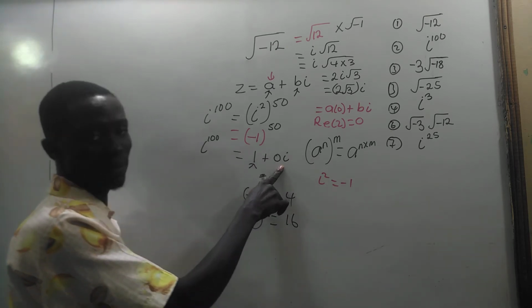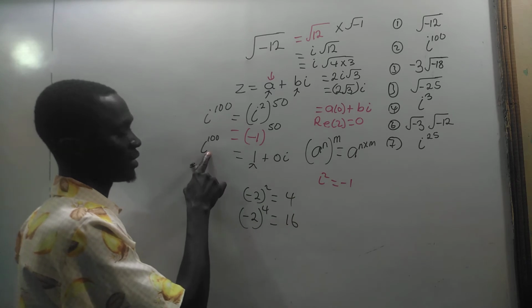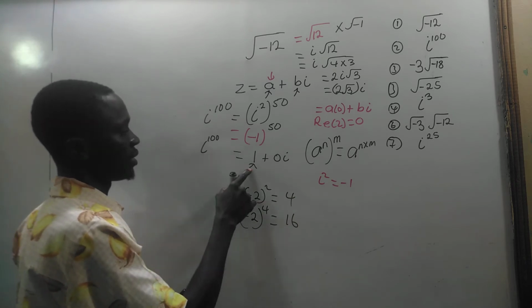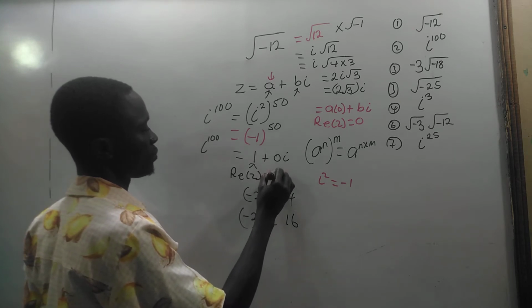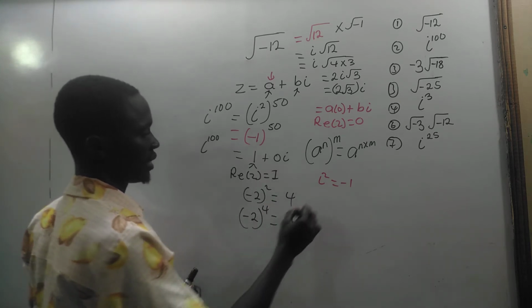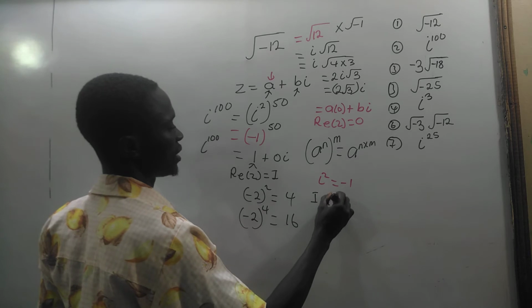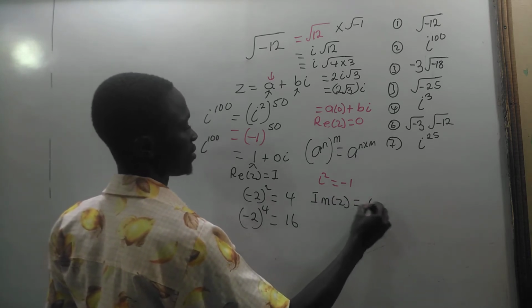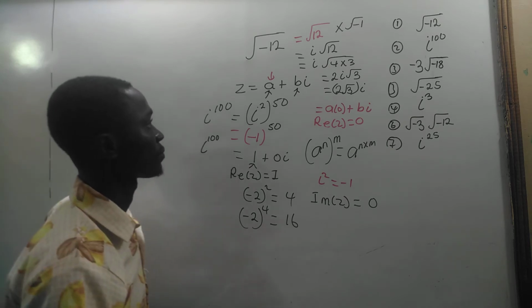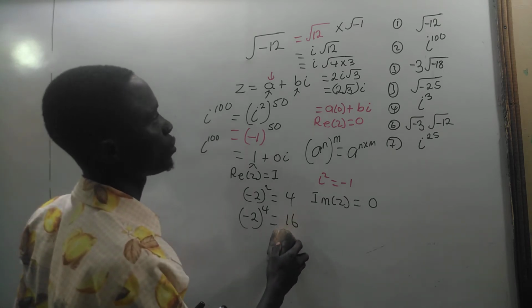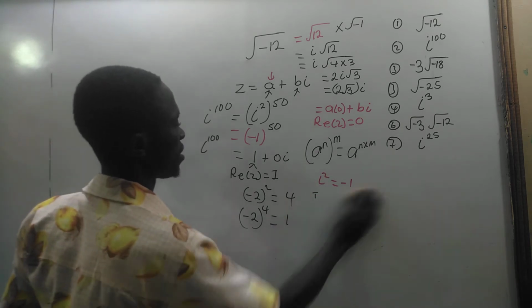We don't have any imaginary part. So for this complex number, the real part of z is positive 1 and the imaginary part of z is 0. Very simple as that. Now, let us go to the third question.